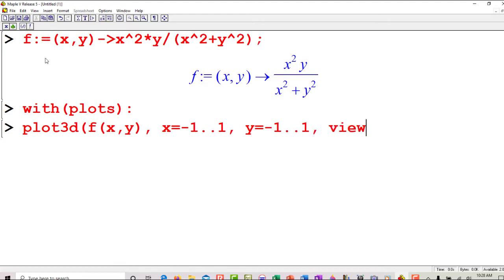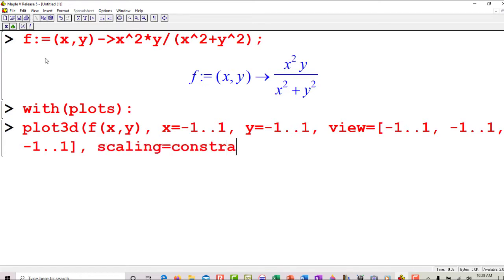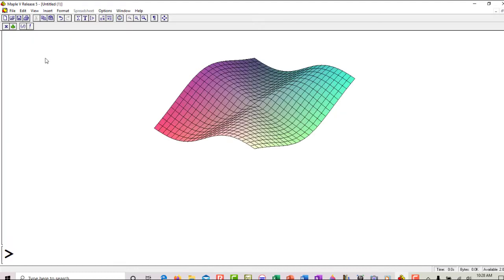I'm going to constrain the view to go from -1 to 1, -1 to 1, and -1 to 1 on the z as well. I'm going to constrain the scaling so it has the same size units on each of the axes. And here's our surface.